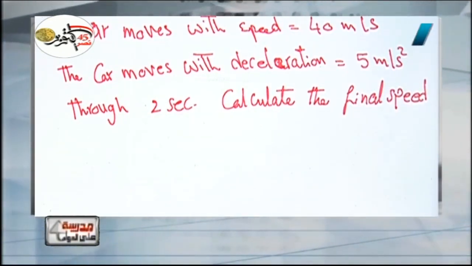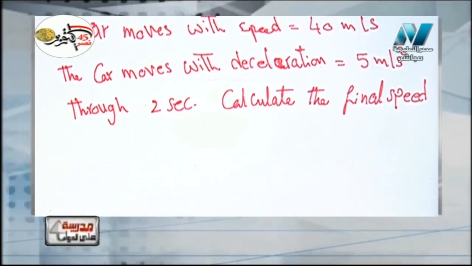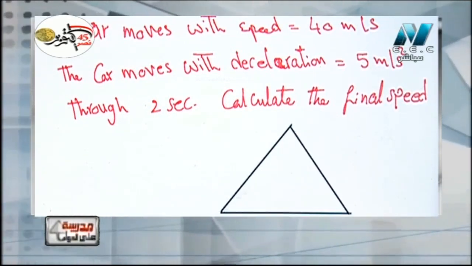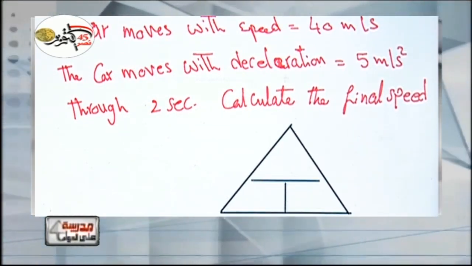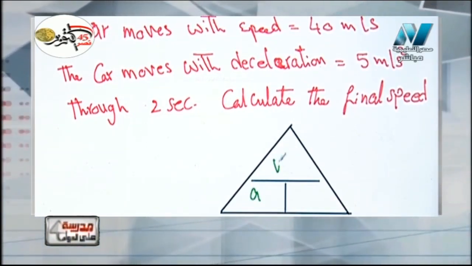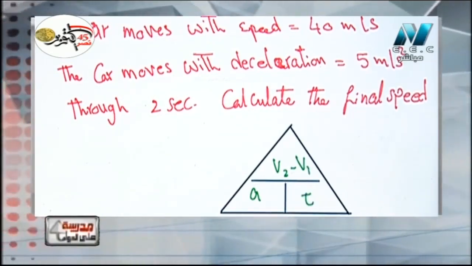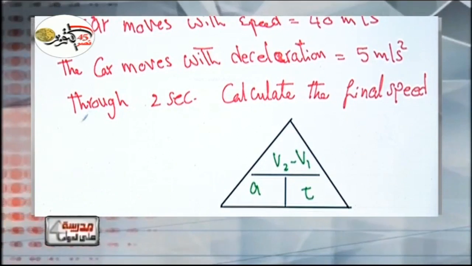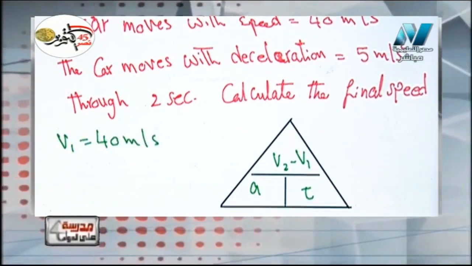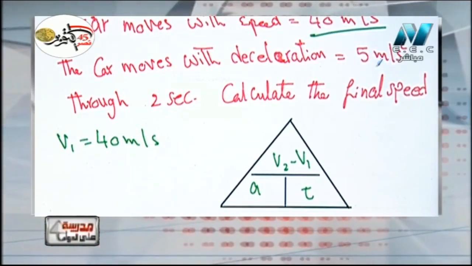So we should write the mathematical law as we have what, and what. We have acceleration, final speed, initial speed, and time. So we have number 1, A equal V2 minus V1 over T. Type V1 and V2. V1 equal 40 meter per second, as you see here. And the car will decrease acceleration 5.